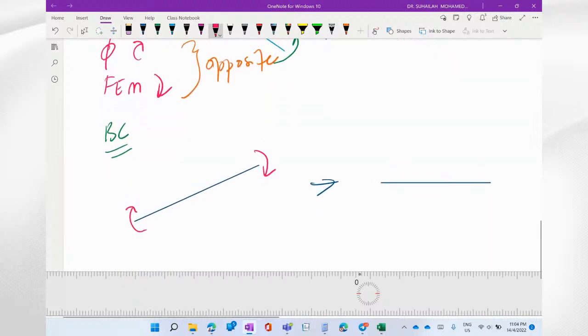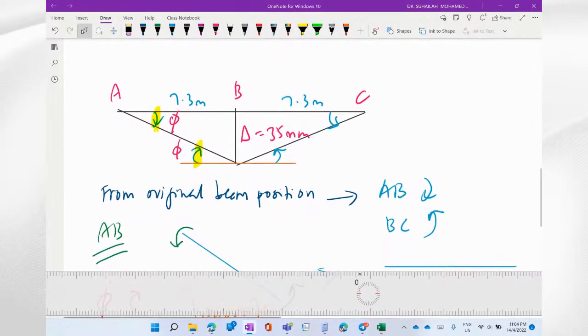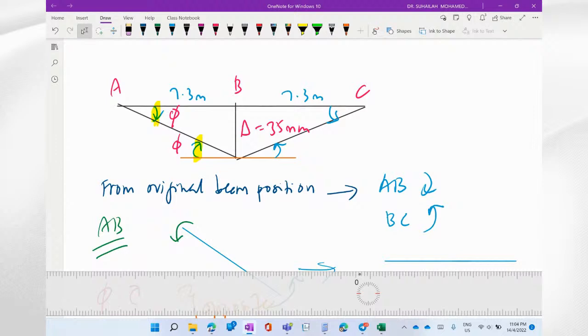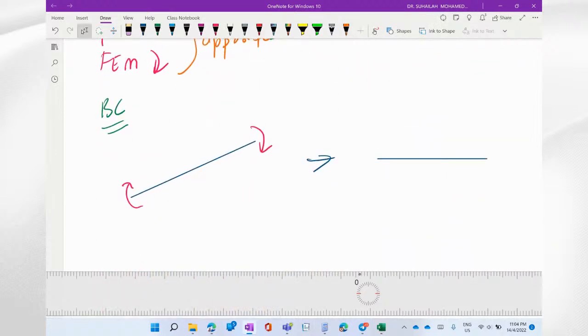By looking back at this diagram, the angle for BC is counterclockwise, so FEM will be opposite, clockwise. So we can say that angle is negative, FEM positive.